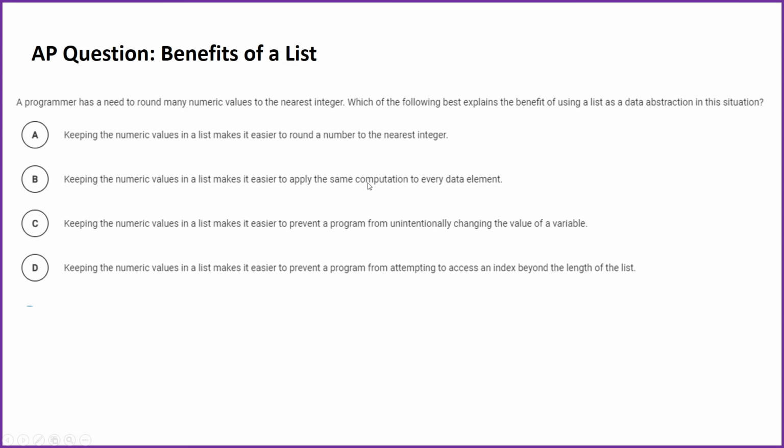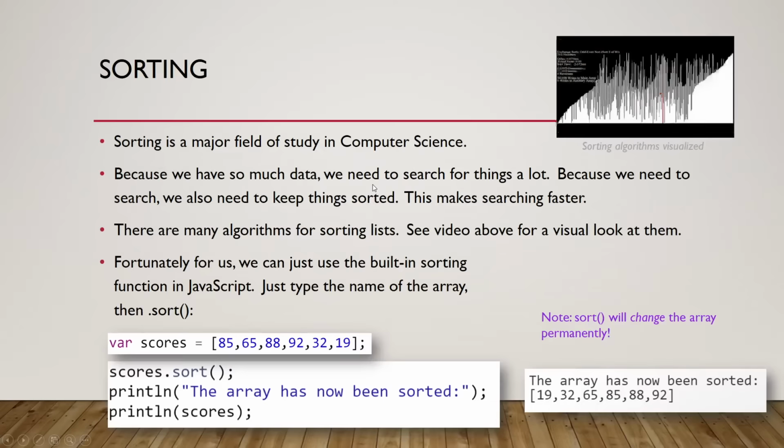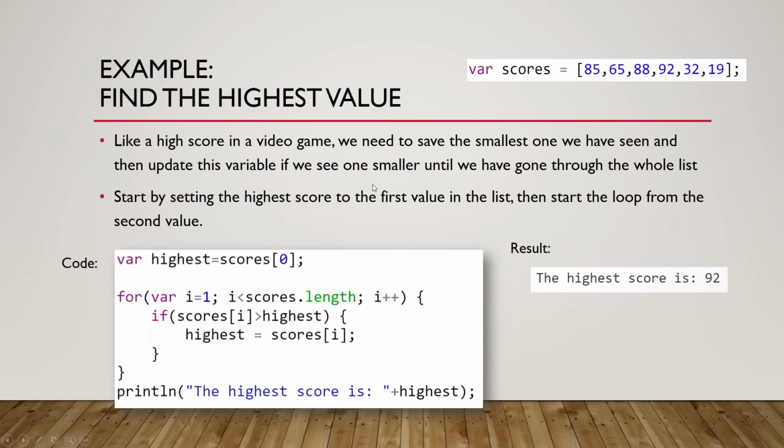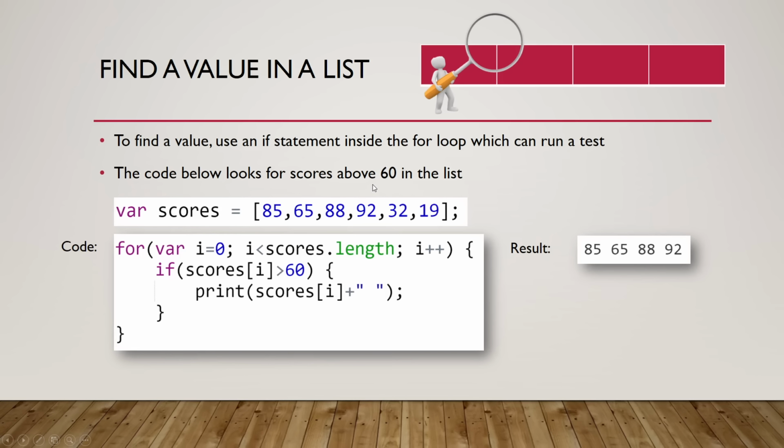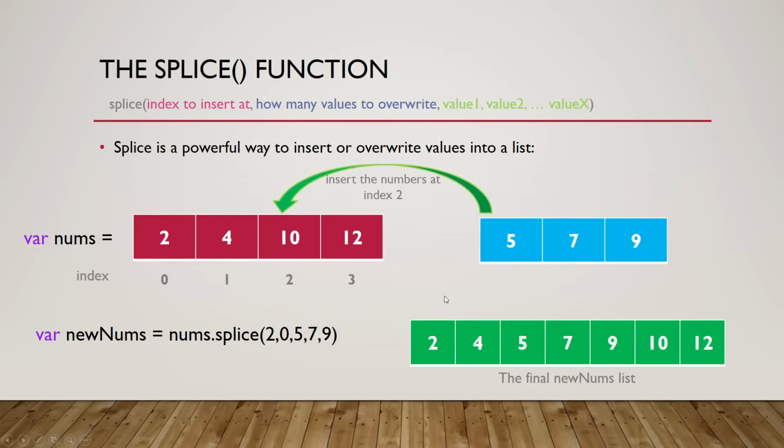We can process that list with one instruction. Just like I showed you back here a little while ago, I could have a list of 1,000,000 items and I could just have this same operation over and over again. It's just going to do the same thing. So that's why lists are great.